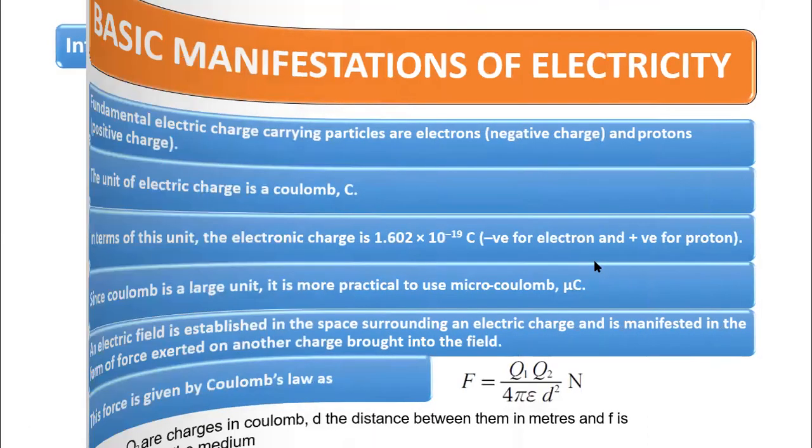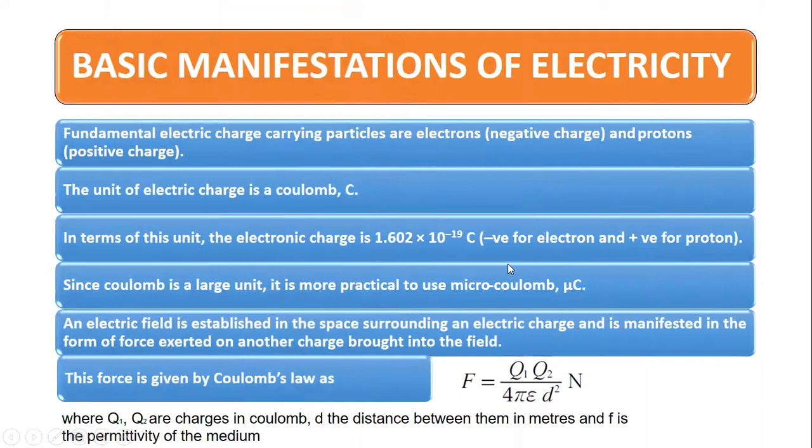The next slide is about a little bit of physics associated with electrical energy. You all have gone through these points in your school physics class, I hope. The fundamental electric charge carrying particles are electrons, which are negatively charged, and protons, which are positively charged.